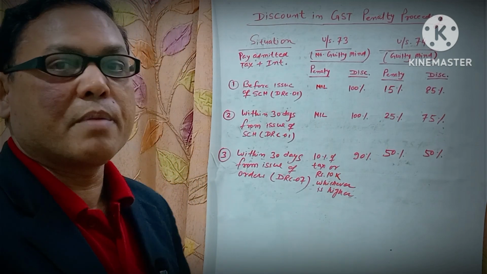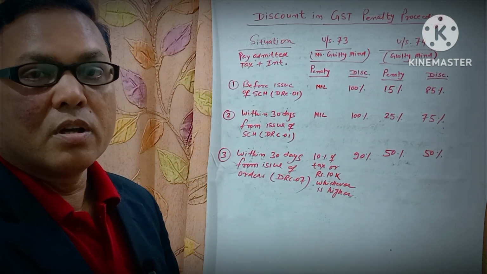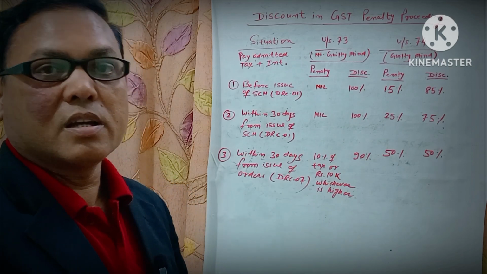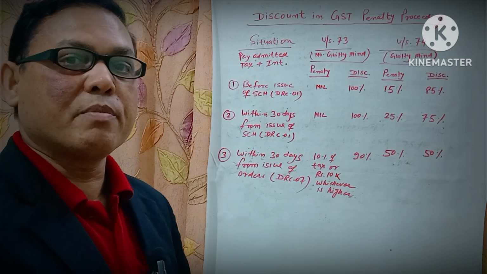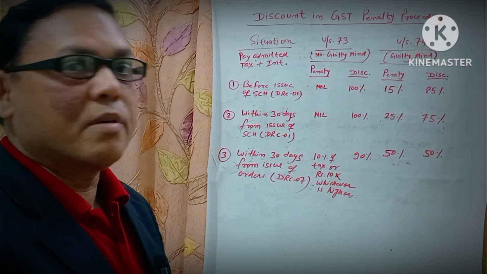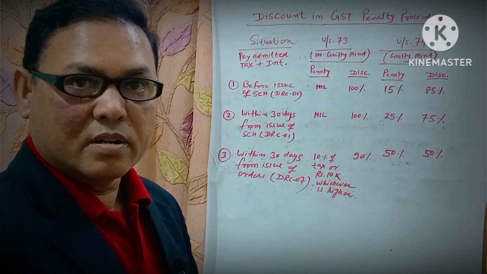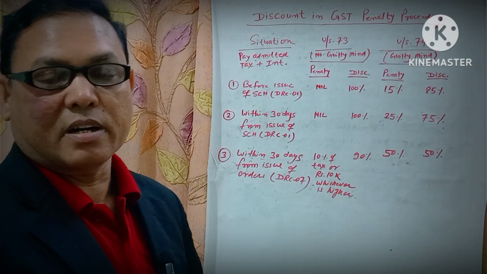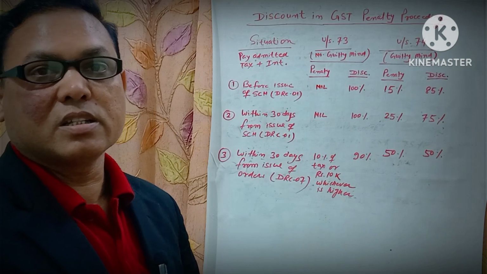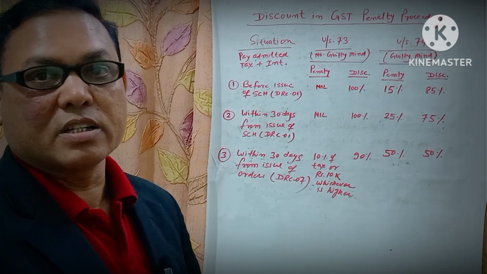Before that, there may be a correspondence, whether by email or by post, in which the assessing officer shall communicate that there is an offence which may be committed under section 73 or 74 regarding wrong availment of input tax credit, wrong claim of refund, short payment of tax, etc. So they will not directly issue notice in DRC 01. First they shall communicate without issuing notice in DRC 01.